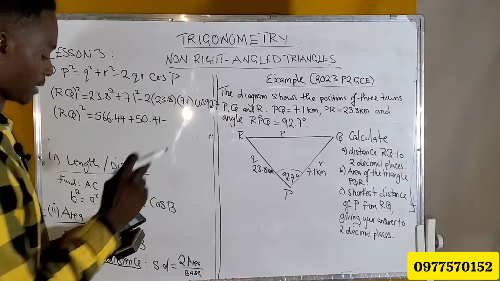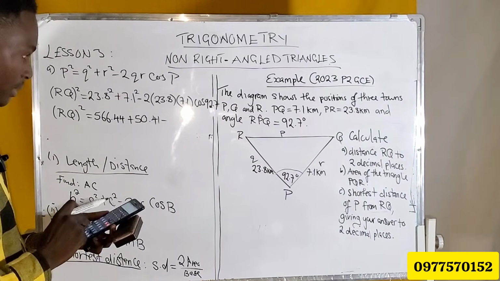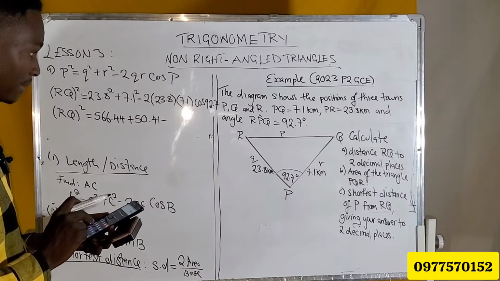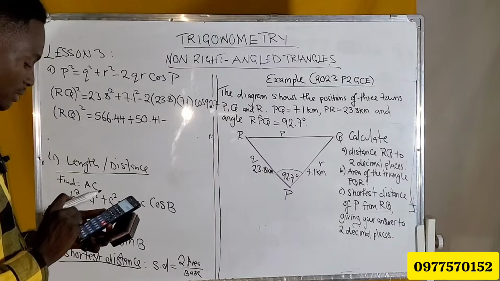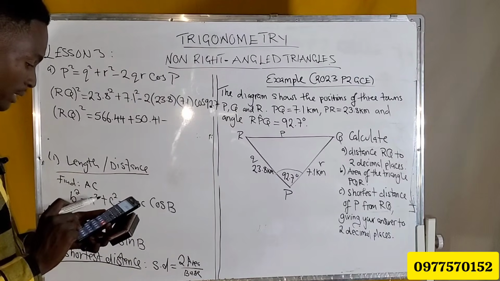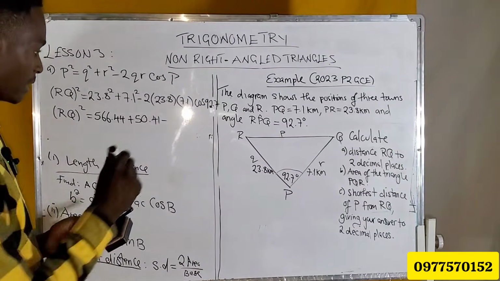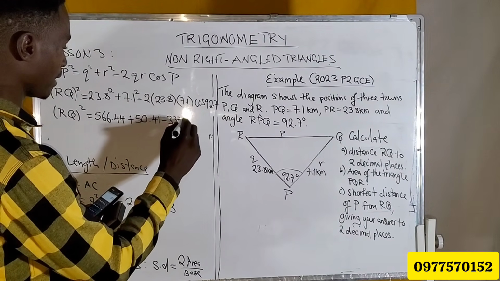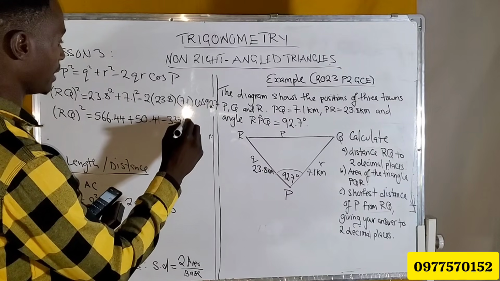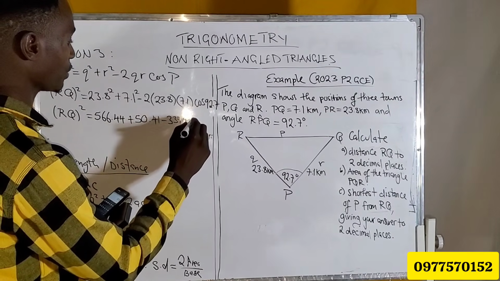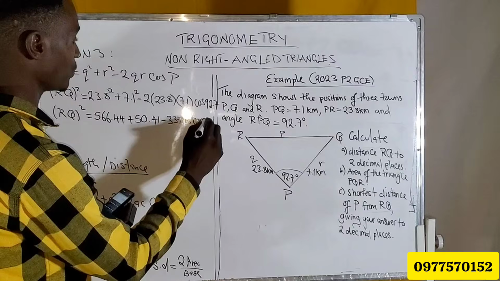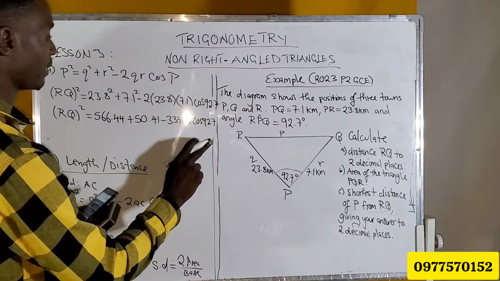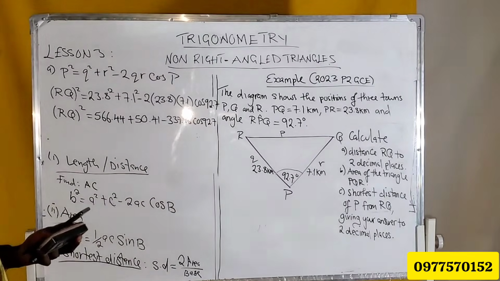Okay, minus 2 times 23.8 times 7.1. 7.1 is giving me 337.96. Okay, cos 92.7. I hope we are still together up to this point.